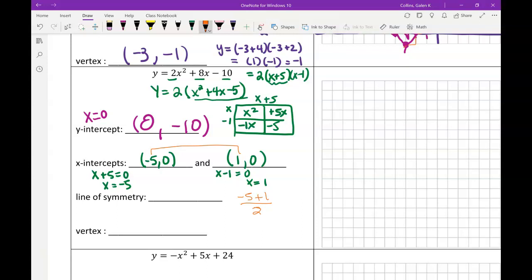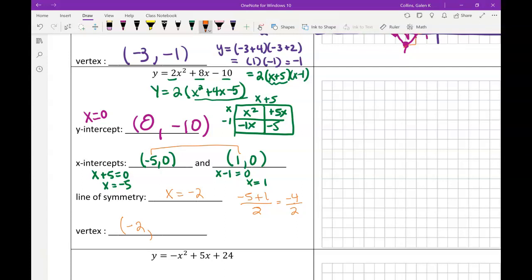Well, negative 5 plus 1 is negative 4, and negative 4 divided by 2 is negative 2. So negative 2 is exactly between negative 5 and 1. And again, the reason that line of symmetry helps us is that our vertex is on our line of symmetry. So our vertex occurs when x is negative 2.